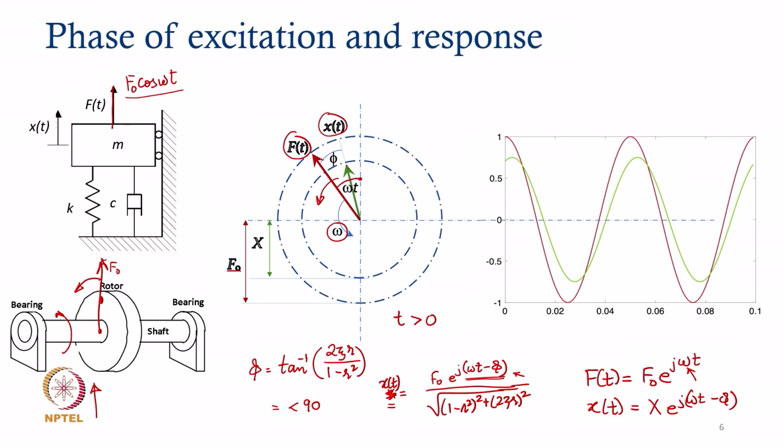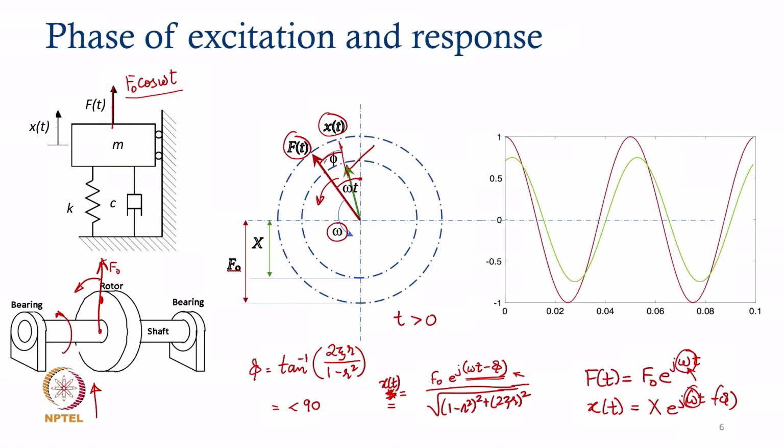As you can see in this snapshot, the force vector and response vector are separated by an angle phi. That is the phase with which the response vector lags the force vector, and as they rotate, both of them rotate at the same angular speed, because both have the same frequency of repetition.